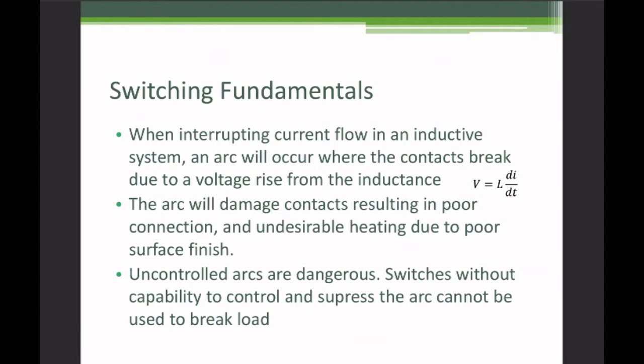So first things first, when we're interrupting our current flow, if you remember back, we talked about this in one of our first weeks. There's always going to be an arc that occurs right as the contacts break. We've got our switch contacts touching each other, and then as they move away, at some point they stop contacting each other. Because we have a highly inductive system, we end up with a localized voltage rise.